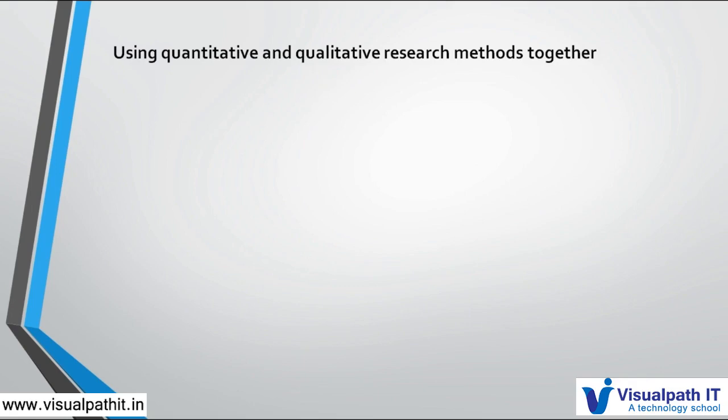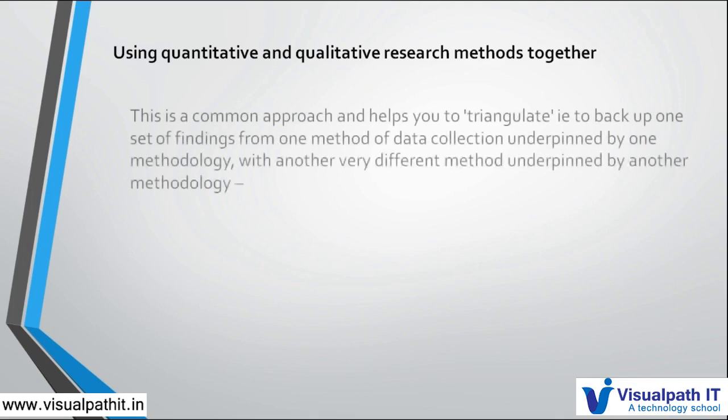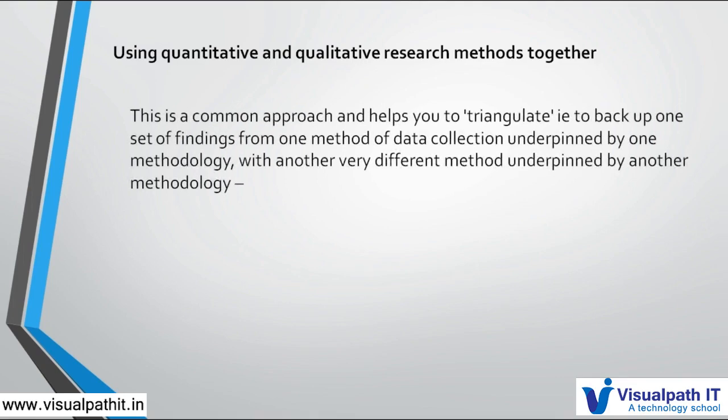Using quantitative and qualitative research methods together. This is a common approach and helps you to triangulate, that is, to back up one set of findings from one method of data collection underpinned by one methodology with another very different method underpinned by another methodology.